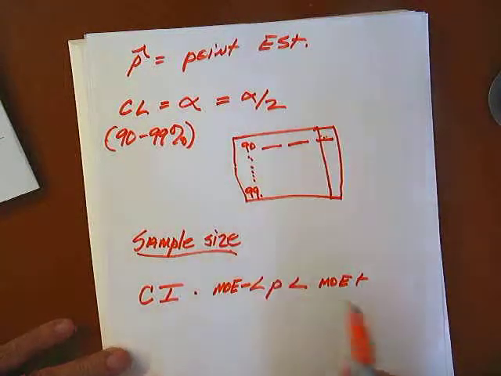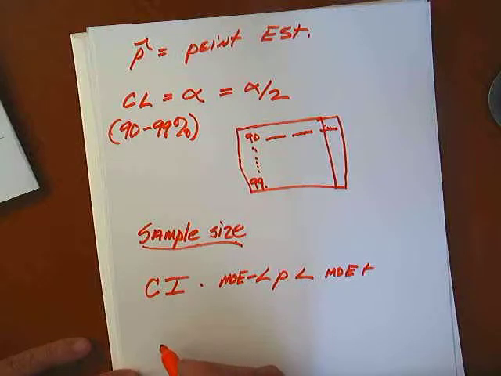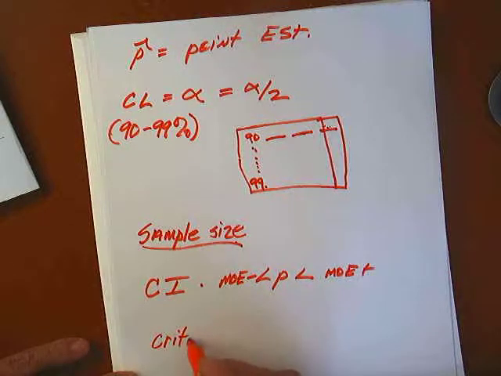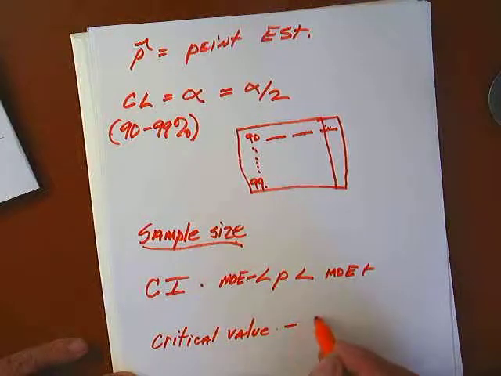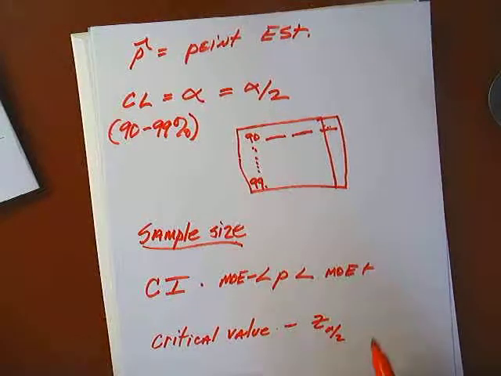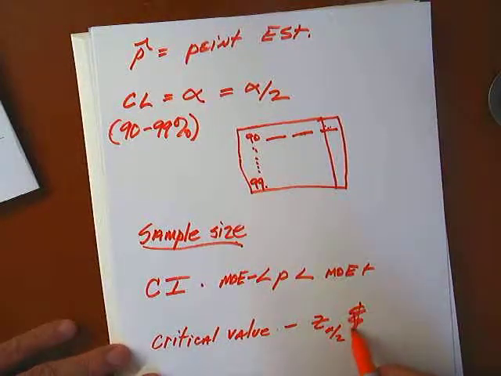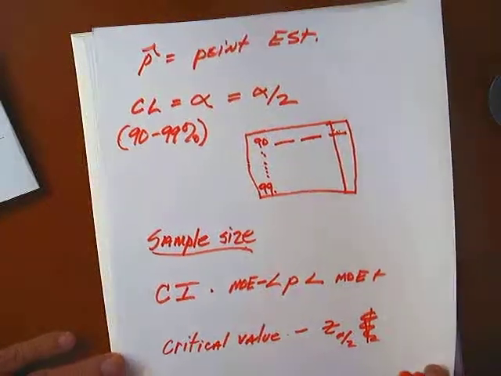You also got to know your sample size. We'll talk about that in a minute. We just went over margin of error, and sample size usually comes after margin of error. And your confidence interval, which is going to be p hat, plus or minus your margin of error, your margin of error added on one side and subtracted on the other, and then of course your critical value.